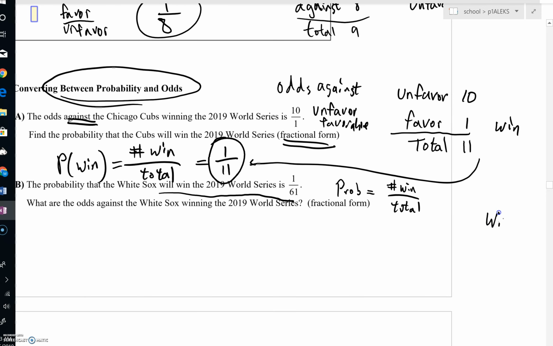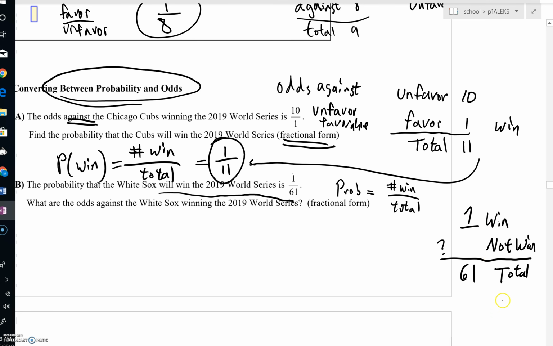We can say, according to this, there'd be 1 win. We don't know how many we would have not winning just yet. And then we have a total, and we could say, well, the total would be 61. So the question is, if you win once out of 61, how many times would you lose? And that would be 61 minus 1. That would be 60, wouldn't it?